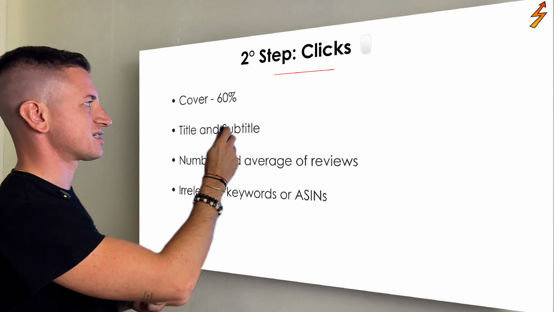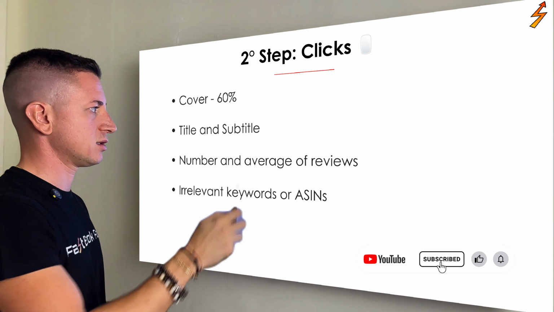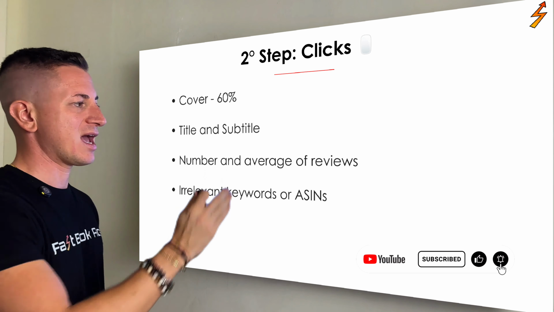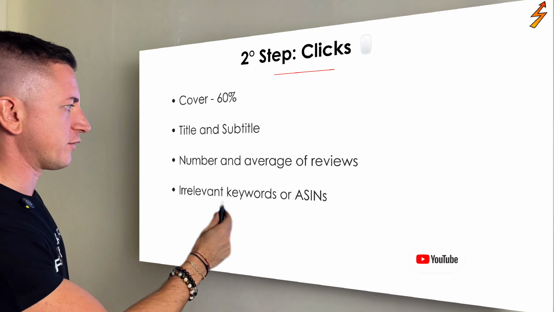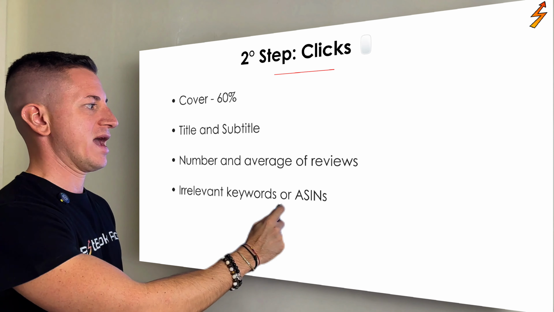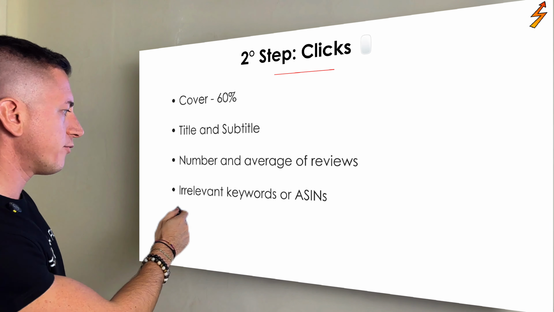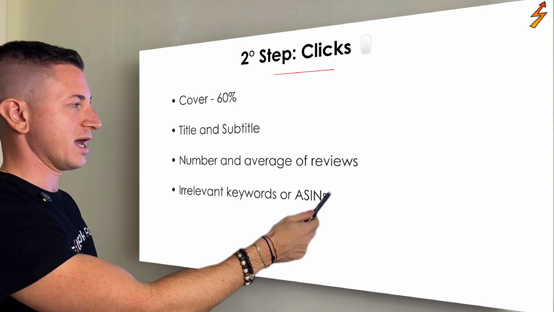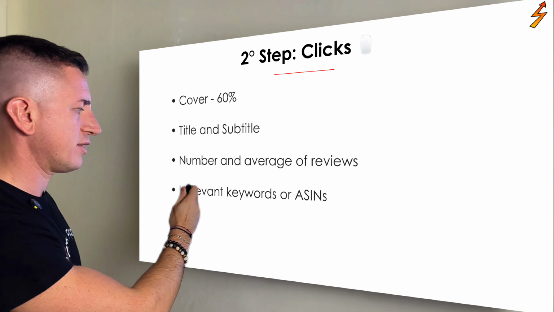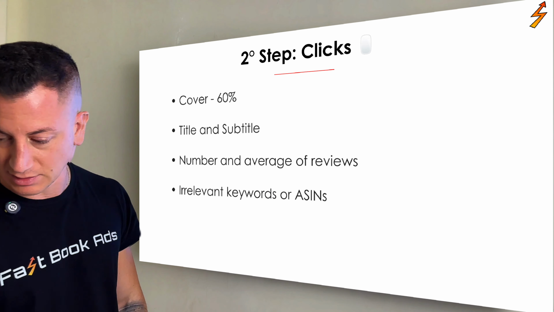Then we have obviously the title and the subtitle, the number and average of reviews. For example, the number can be 100 reviews, and the average, for example, 4.5 stars. And obviously irrelevant keywords or ASINs, because if we have irrelevant keywords, people will not click on our ad.